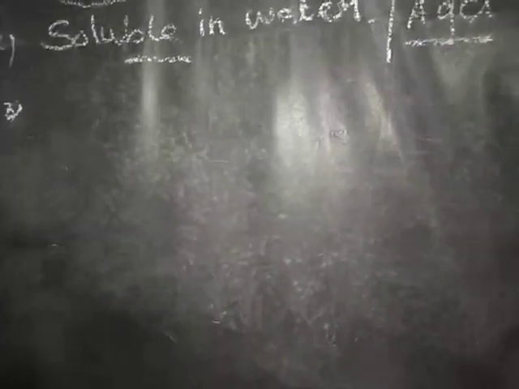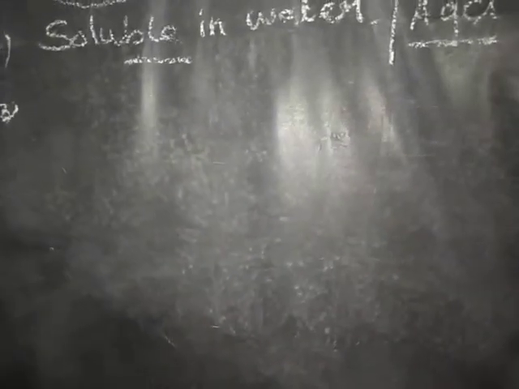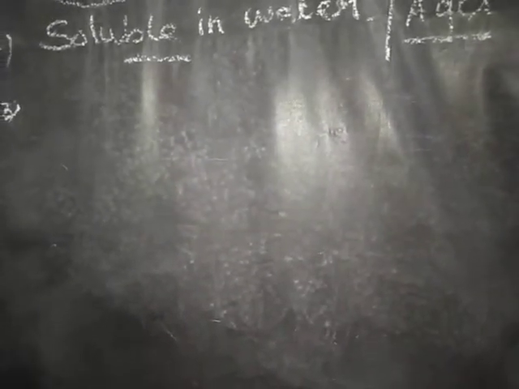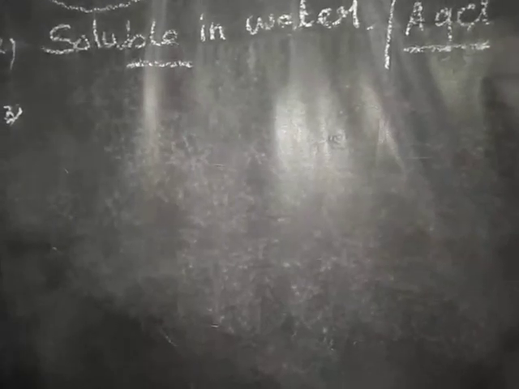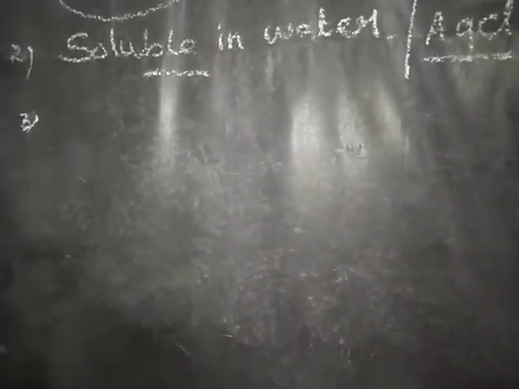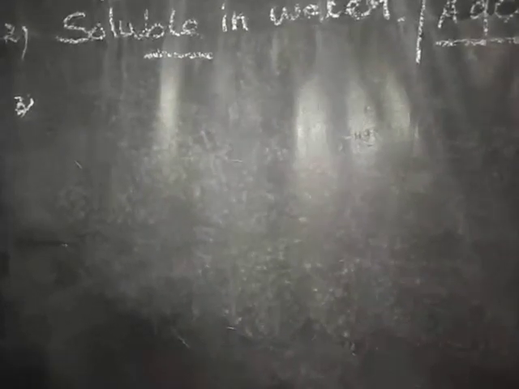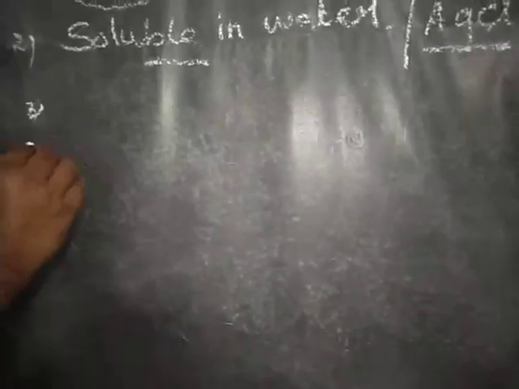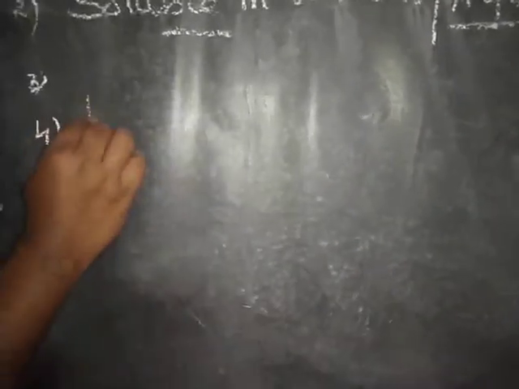Third one, they are odorless. There is no smell. Mostly white cubic crystals or crystalline powder. That is the third point. Fourth point, salts have hygroscopic nature. So what is meant by hygroscopic nature?